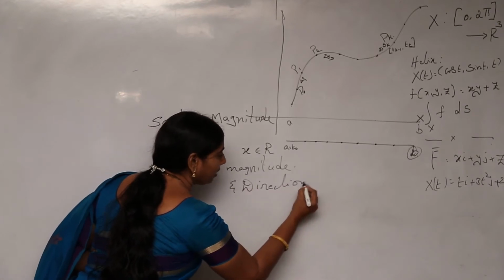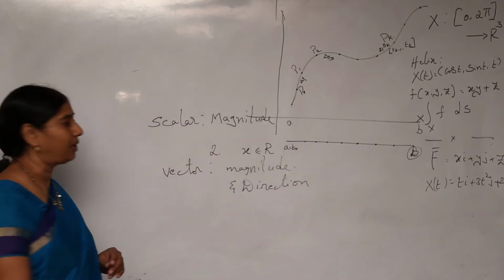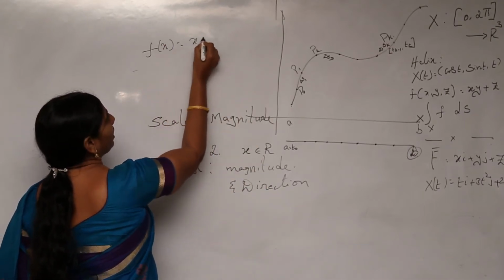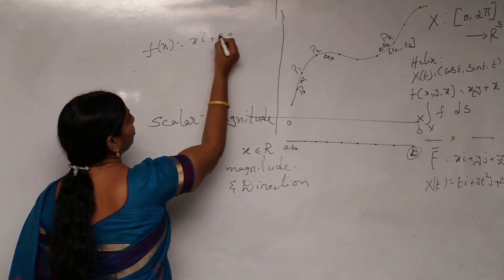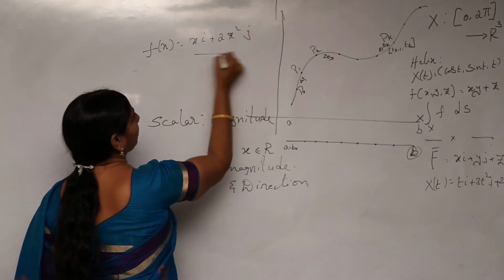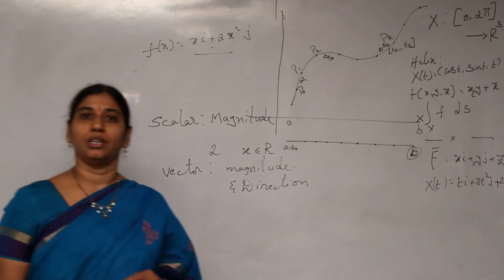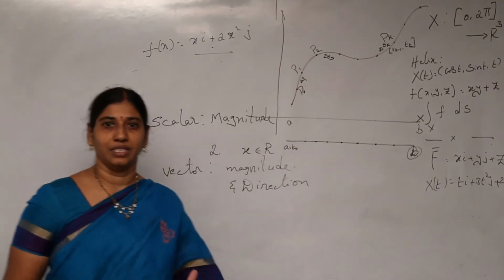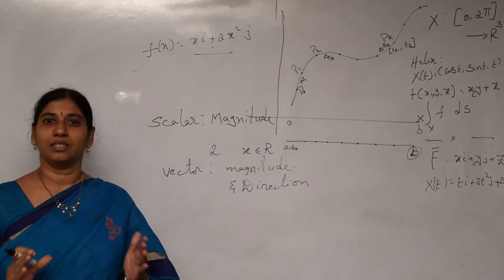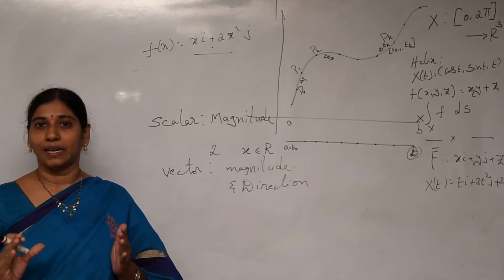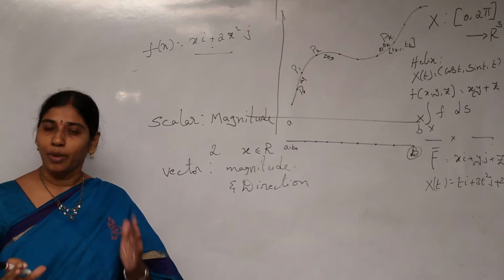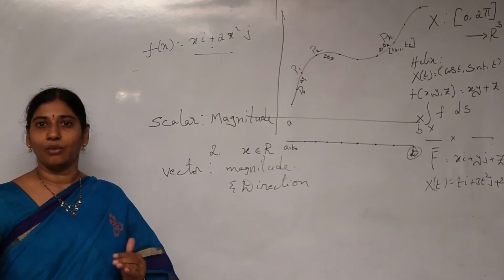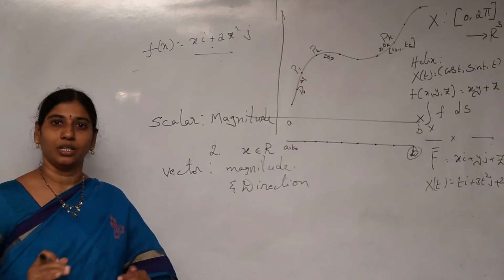For example, if we consider a function f of x is equal to x i bar plus 2x square j bar, this becomes a vector quantity. In the real world, the velocity of a particular particle is a vector quantity. The momentum, the acceleration, the angular velocity, all these are vector quantities.